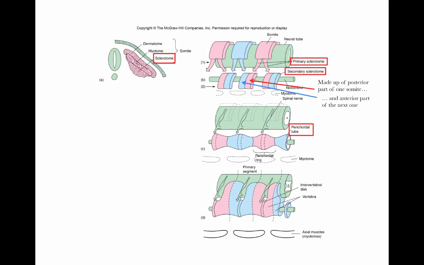And the reason for that is these muscles that form are going to attach to the vertebrae. So these are representing the axial muscles that are in line with each of these original somites. And so if they were in register with the vertebrae, they would be attaching both ends of the muscle to the same vertebra. They couldn't cause any movement that way.